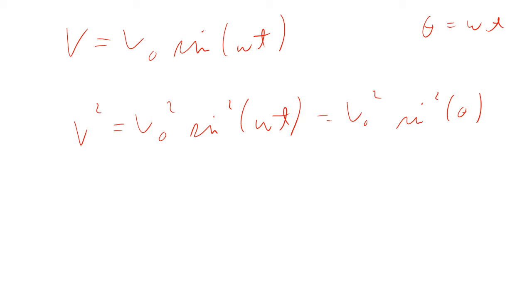One period would be when theta goes from 0 to 2 pi. If we want to find the average of this, we have a function here, and we want to find its average value. So how do we find the average value of a function?